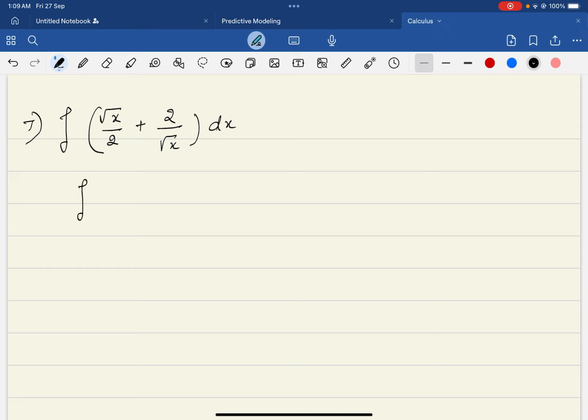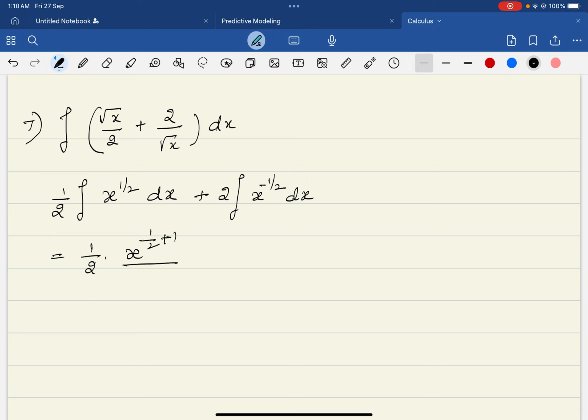We can write this as 1 by 2 outside, and root x means x to the power of half, dx. From the second term I can take 2 outside and write 1 over root x as x power minus half, dx. That gives you half times x power half plus 1 over half plus 1, plus 2 times x power minus half plus 1 over minus half plus 1, plus the constant.